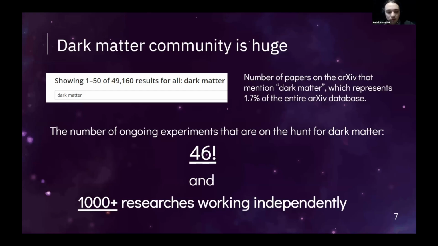Obviously a lot of researchers are working on this independently, and you will get even more data, and it will be even harder to make good plots with these kinds of methods.